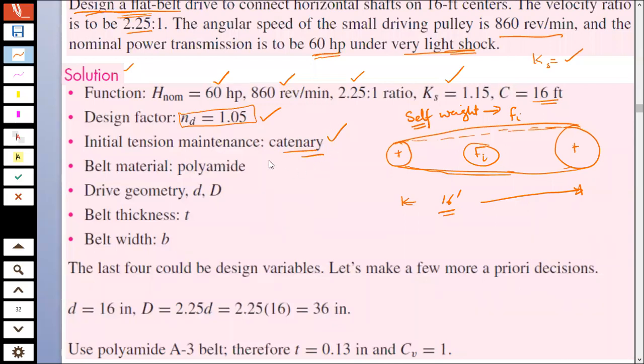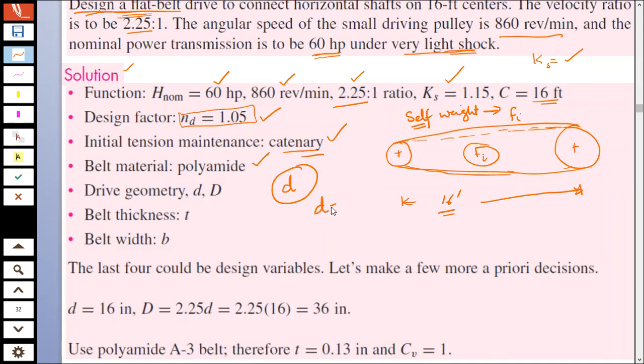Let's say we make the decision that we use the polyamide material, and from this geometry, since your D by d is given to you, basically that is the velocity ratio. So you can choose some reasonable d, looking at the table for the minimum pulley size.